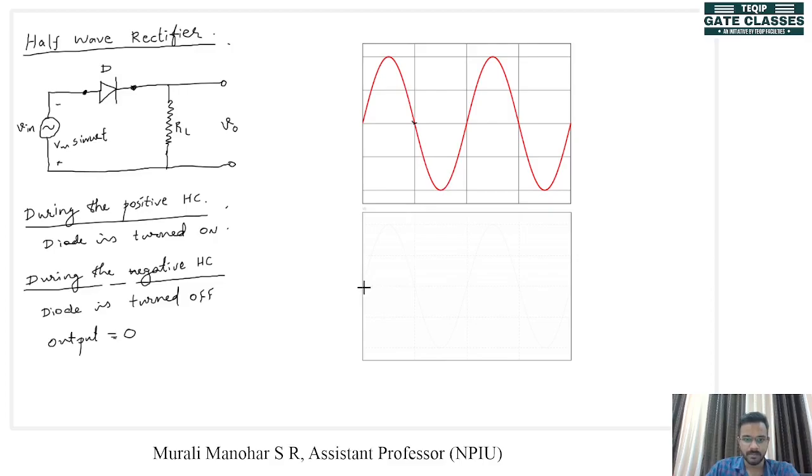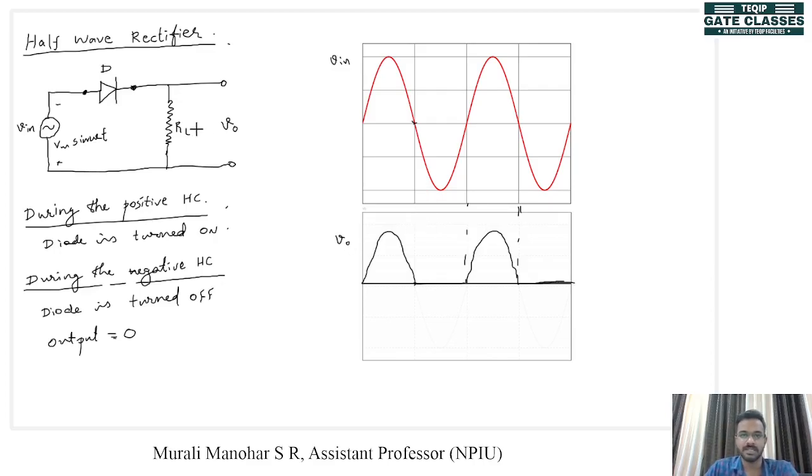So the output will be, say this is the 0, same as the input voltage, and during the negative half cycle the output is 0. Again, during the positive half cycle, the diode gets turned on, we will get the output, and during the negative half cycle, output is 0. This is our V in and this is our V out.